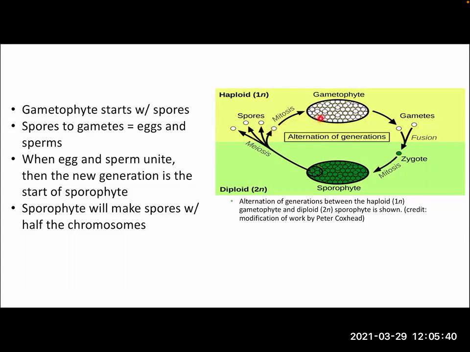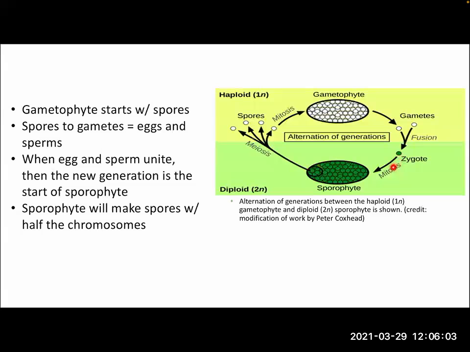They will develop into a gametophyte, and that gametophyte under mitosis still has one copy. And then you can have two gametes fuse together to form a zygote. And so this could be fertilization as well. So now that zygote has two copies of chromosomes, because two gametes with one copy each fuse together.